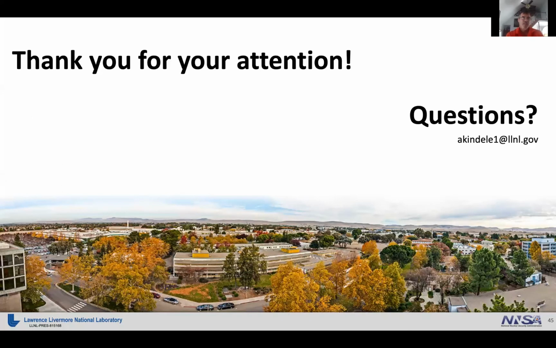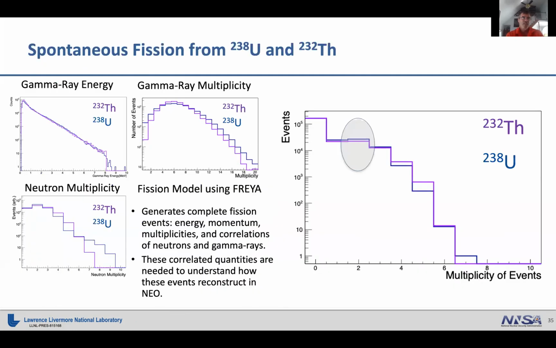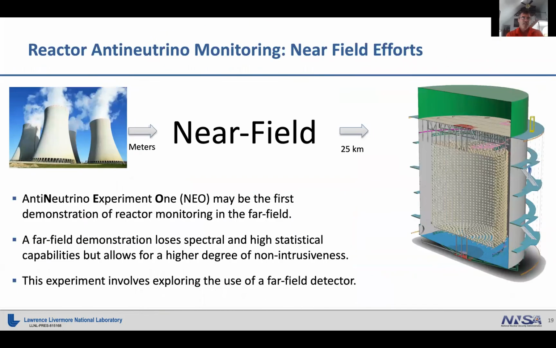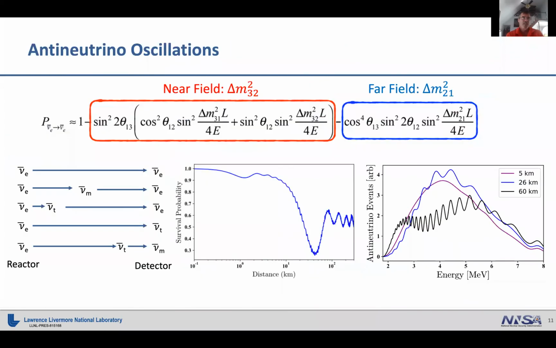Hi. Thank you for your presentation. I just wanted to make sure I was understanding something right. Could you go back to slide 11? So when you were talking about the antineutrino oscillations, especially that graph in the middle there about survival probability, could you explain again what you mean by survival probability?